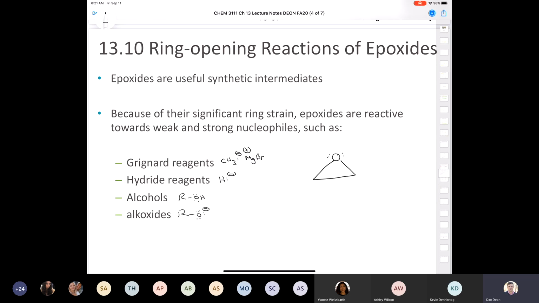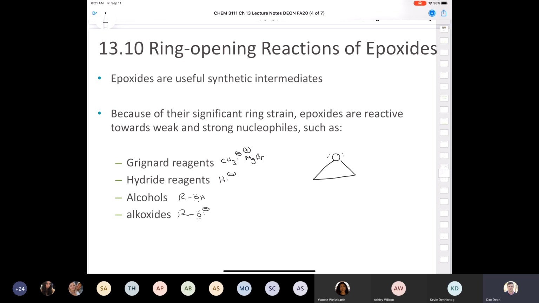So that means it's going to come from the bottom, and that's why it's going to be pointing down like this. So now our nucleophile, when it's bound, is going to be pointing down. This is inversion of configuration, something we learned way back in chapter 6 in this class. So you got to understand inversion of configuration.